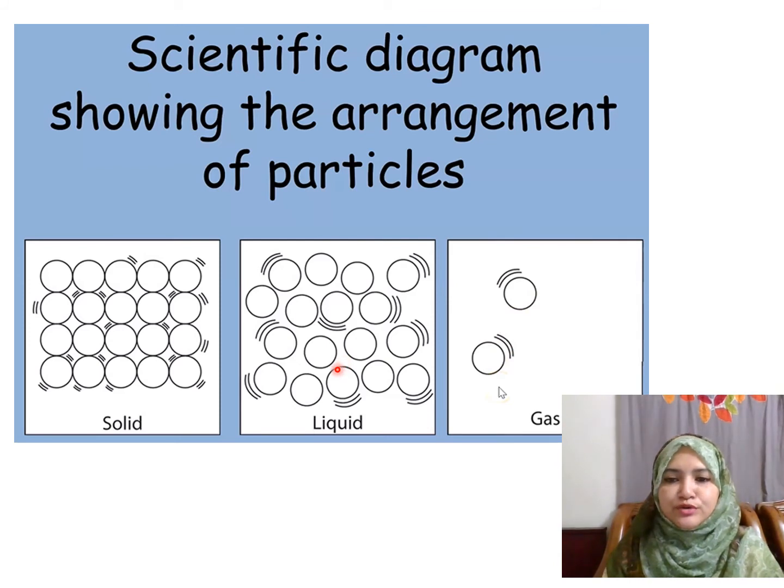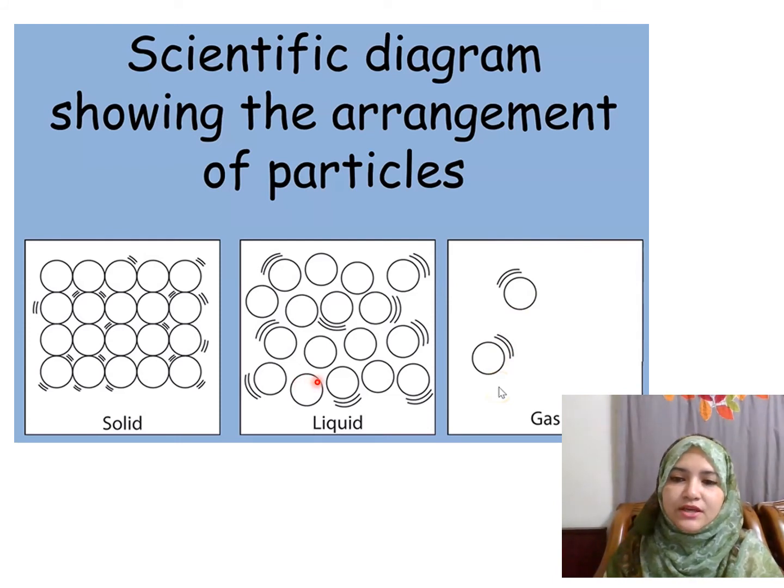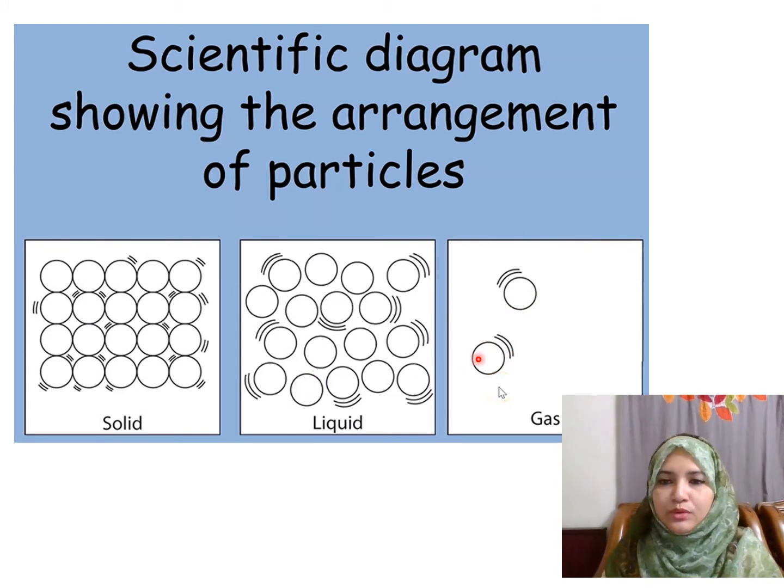In a liquid the particles move a little bit faster than in a solid. And now, on the other hand, the particles are much further apart in a gas.